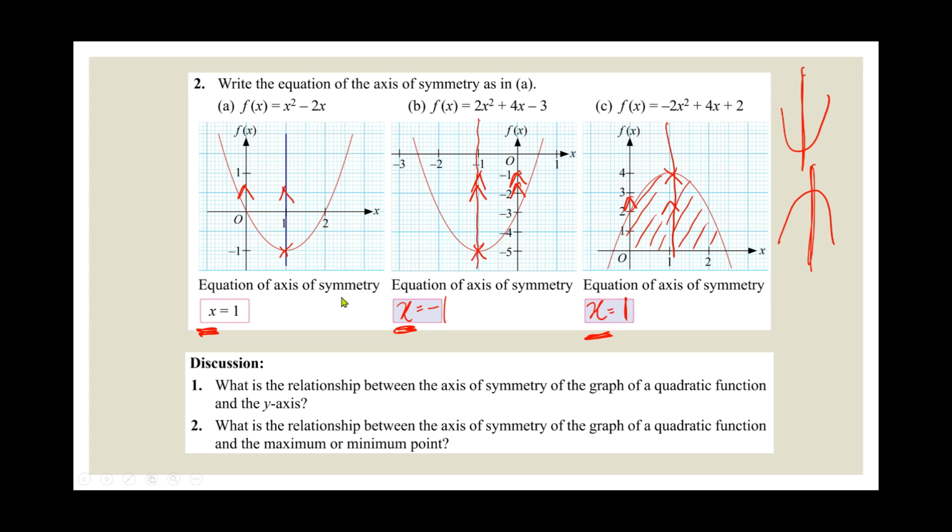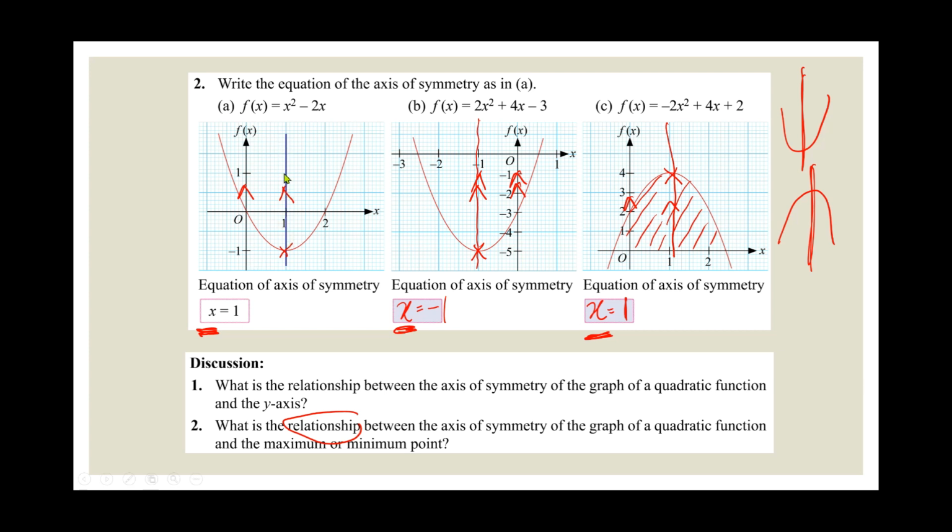Now, they want you to find the relationship between the axis of symmetry and the minimum point, or the axis of symmetry and the maximum point. Can you tell me what is the relationship? The axis of symmetry always goes through the maximum or minimum point. Wow, great. Who is that? Hazim, is it? Yes. Great.